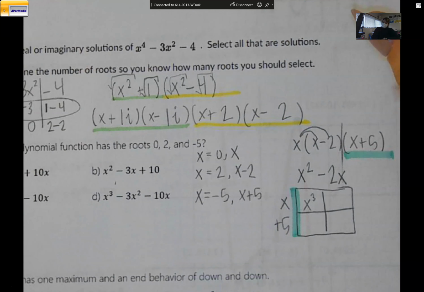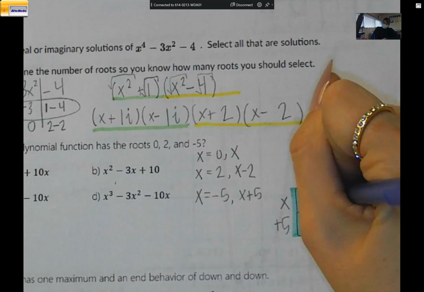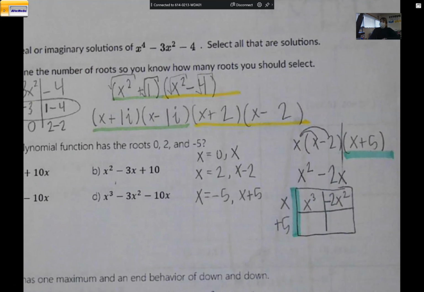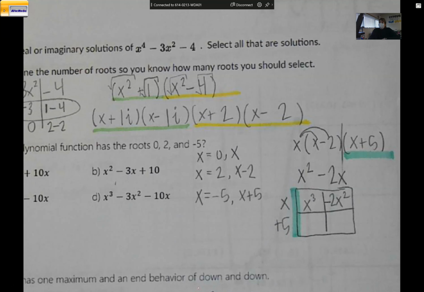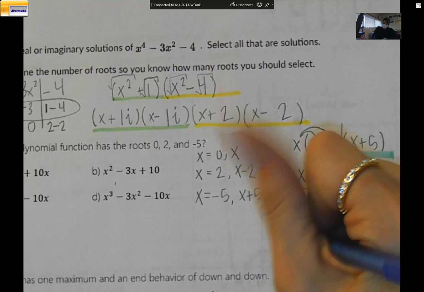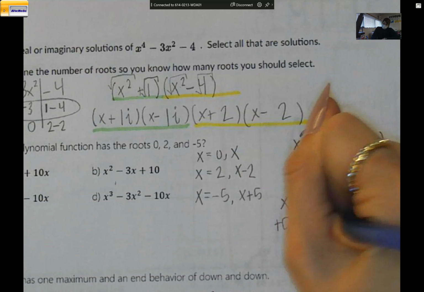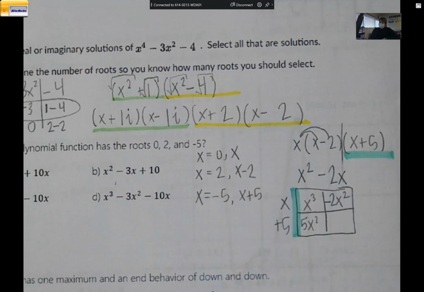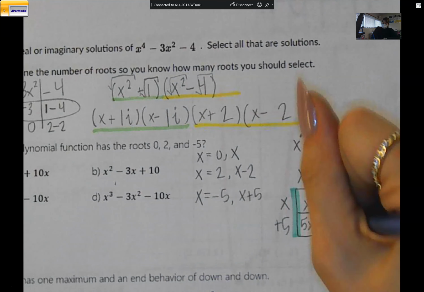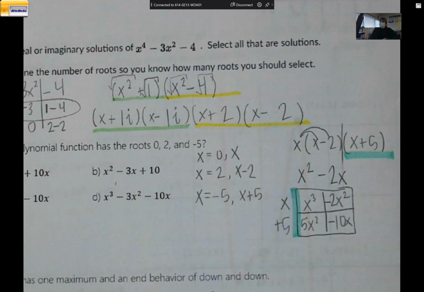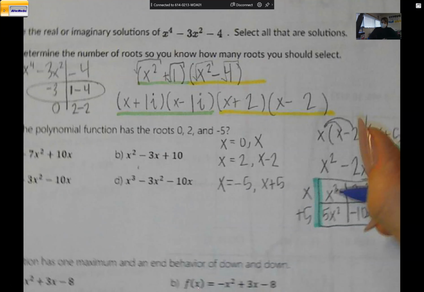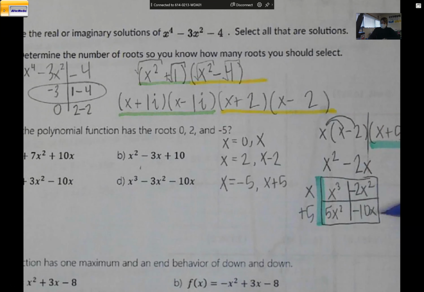X times -2x is a -2x squared. 5 times x squared is 5x squared. And 5 times -2x is -10x. So I know my first and my last term are going to be an x cubed and a -10x.